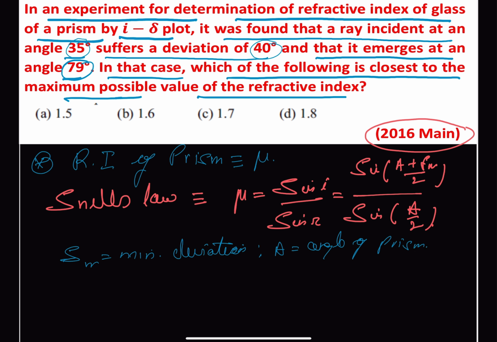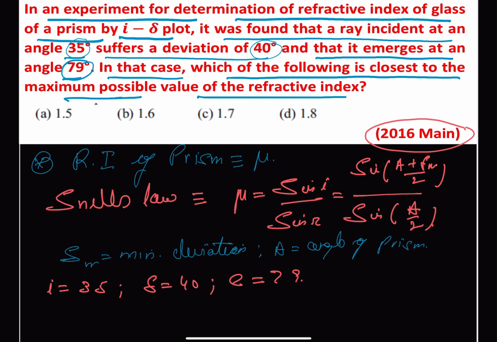We already know the values given to us: incident angle is 35 degree, deviation delta is 40 degree, and angle of emergence E is 79 degree.